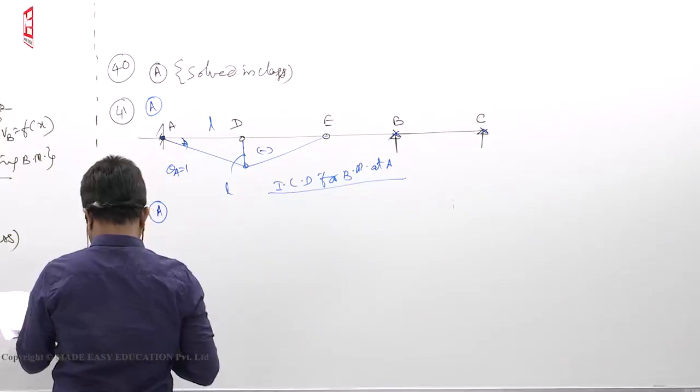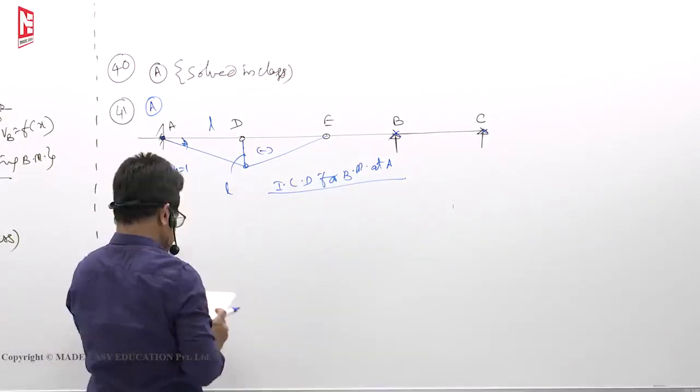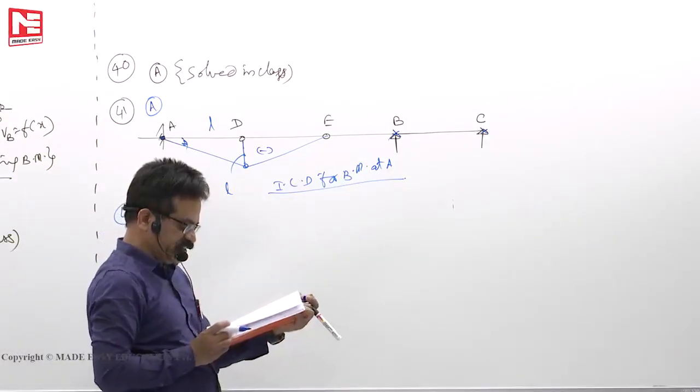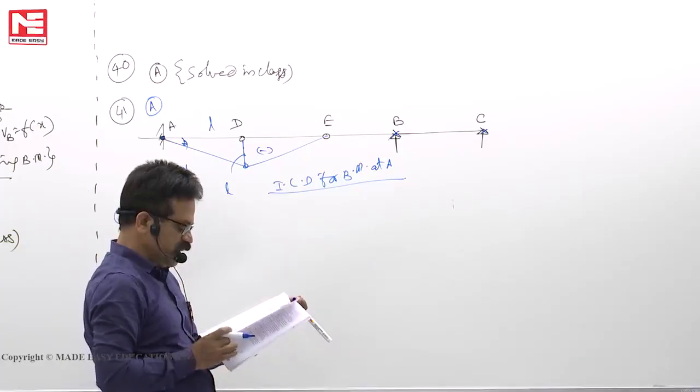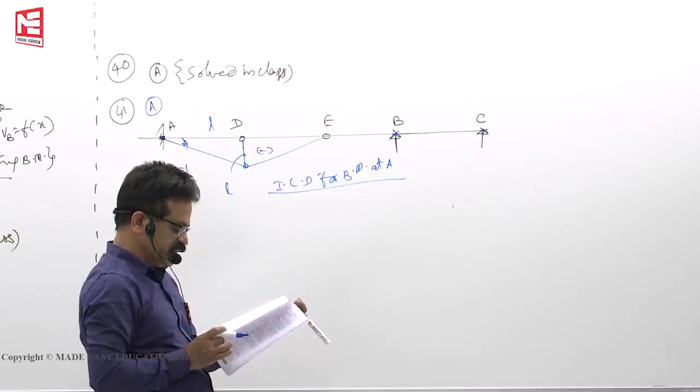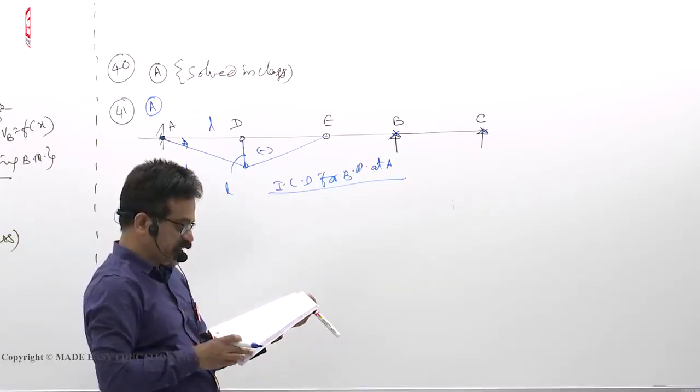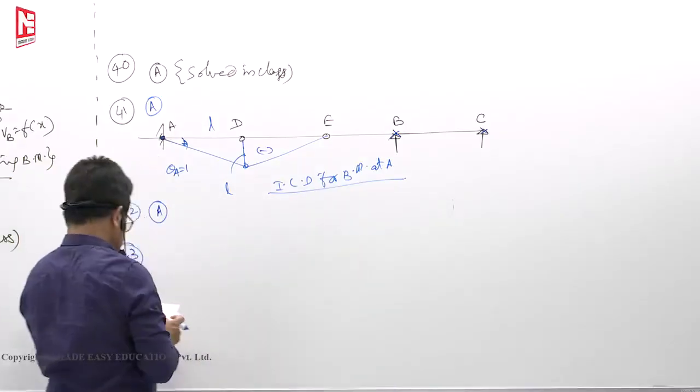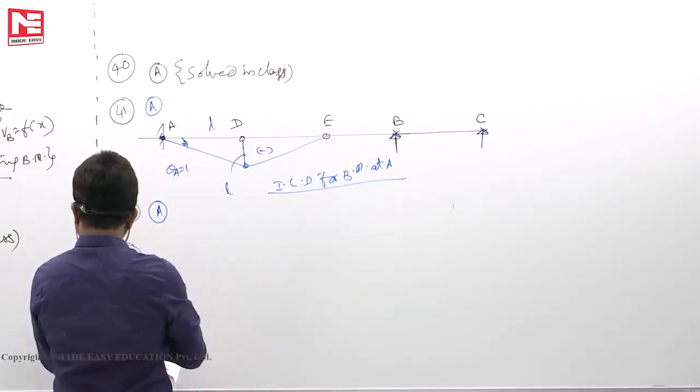43. Maximum bending moment at a given section in which a train of wheel loads moves occurs when average load on the left side is equal to the right side. For 43, only one is correct.